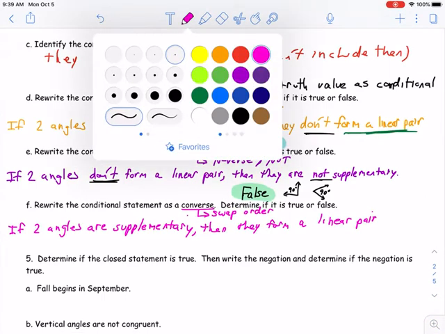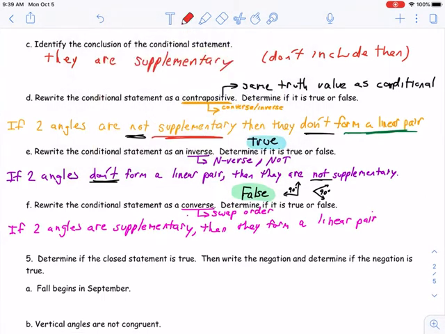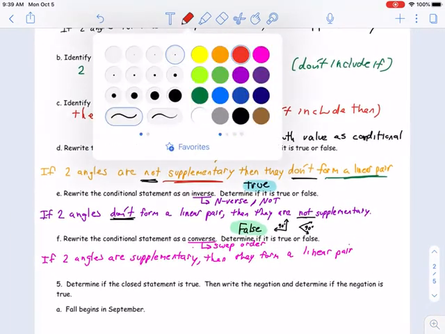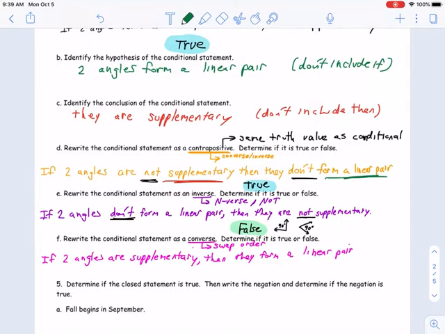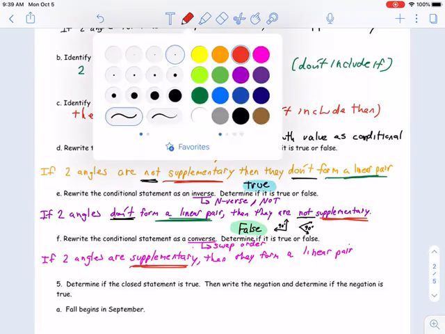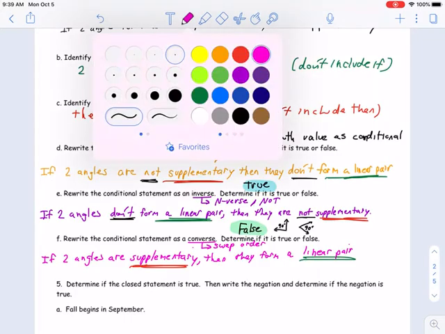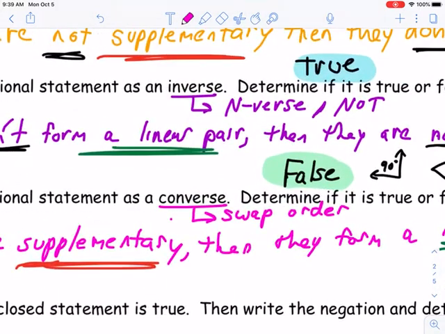Now, something I forgot to do in this last one is how the order was still the same. Really fast with inverse, linear pair was in the same order, and supplementary was still in the conclusion. Now, supplementary got swapped to the front, linear pair got swapped to the back. I don't even really have to do much thinking to know if it's true or false.